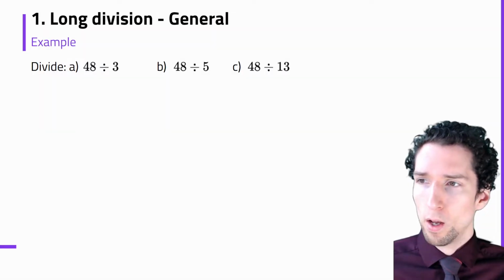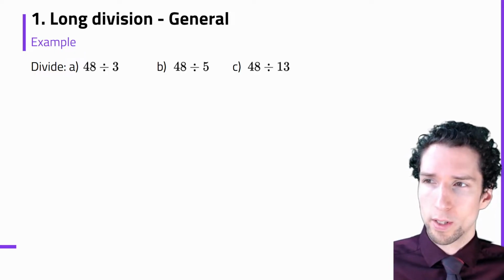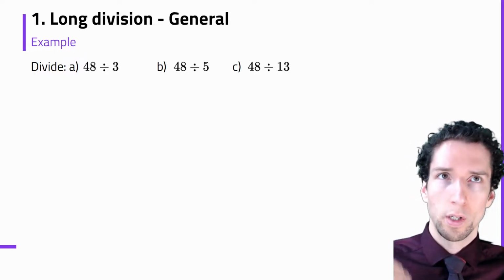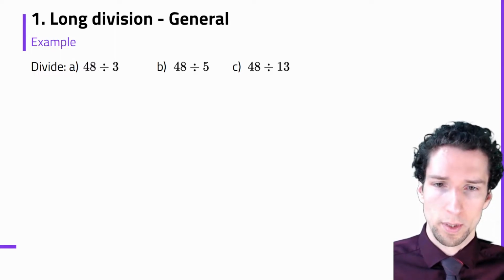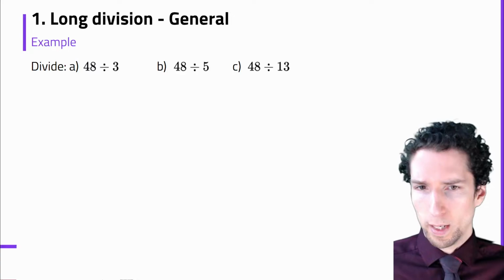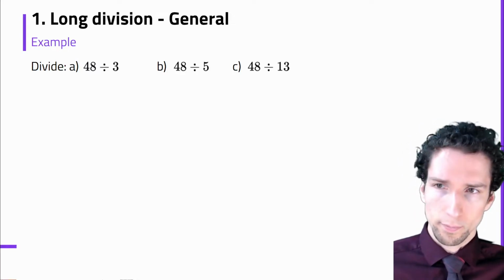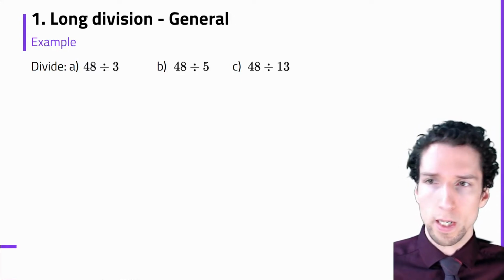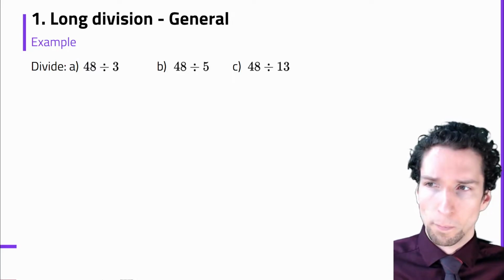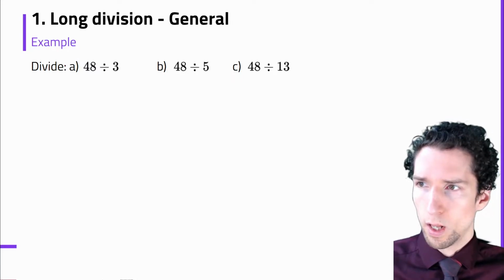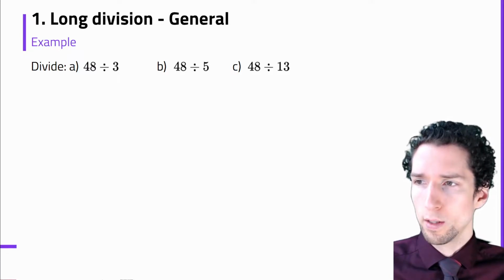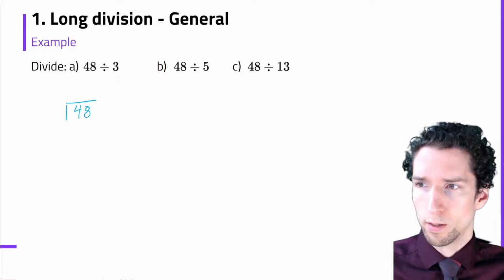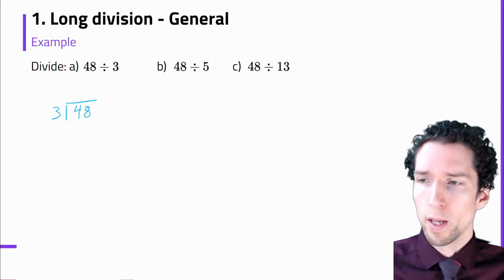These first set of examples, there'll be 4 sets of examples total. The first one I've just made up myself with some simple numbers to make it easier to explain things, and the ones after this will be from the textbook. So first, long division. We want 48 divided by 3. We write it like this, 48 and 3.